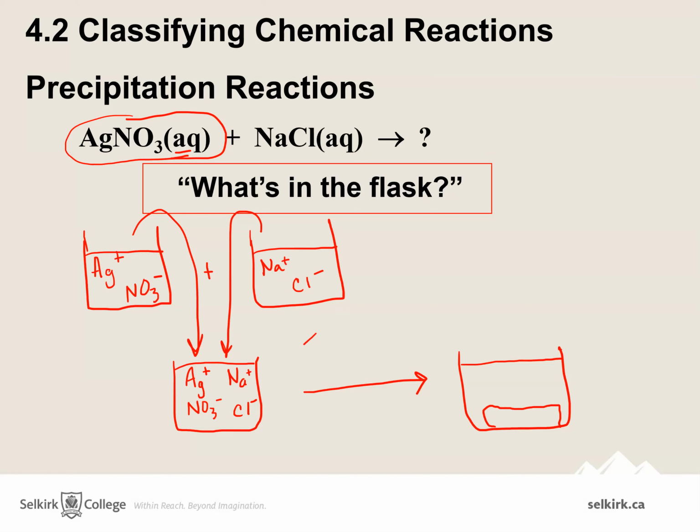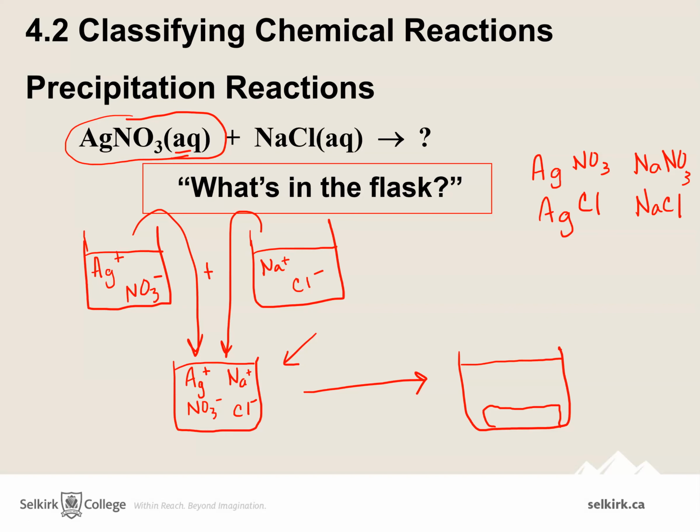So looking at this before here, all the positives and negatives together, I could have silver with nitrate, or silver with chloride, or sodium with nitrate, or sodium with chloride as my products.